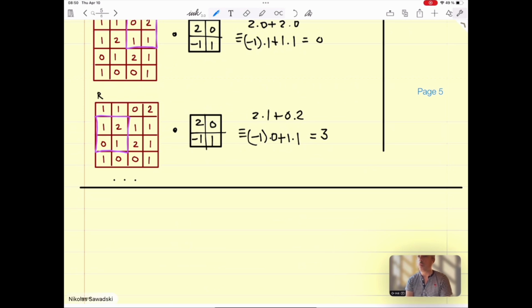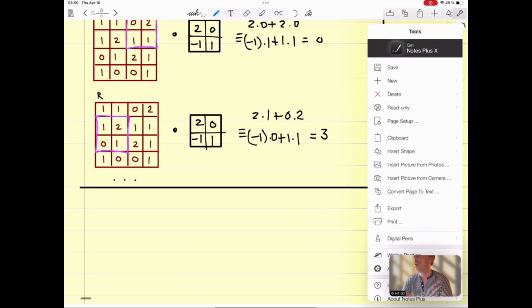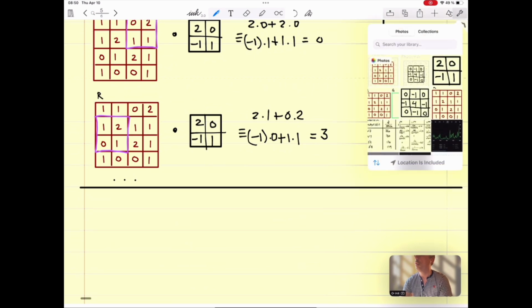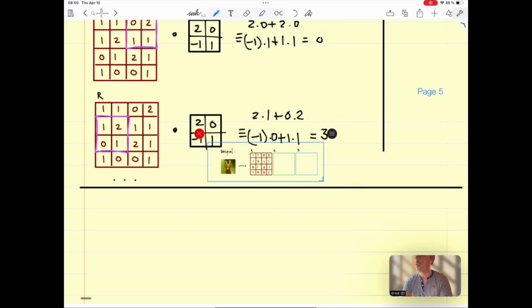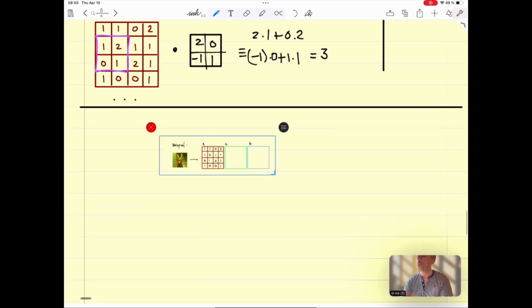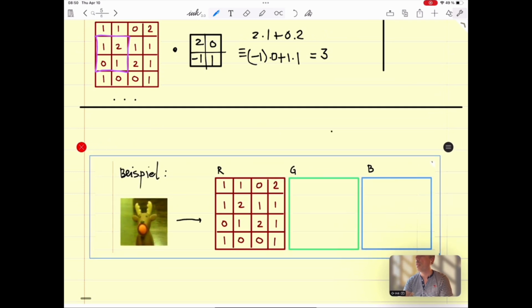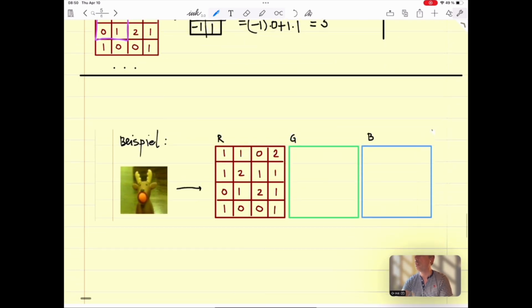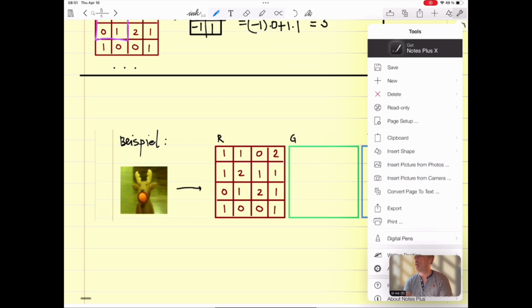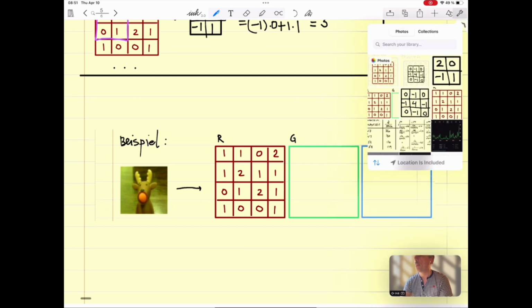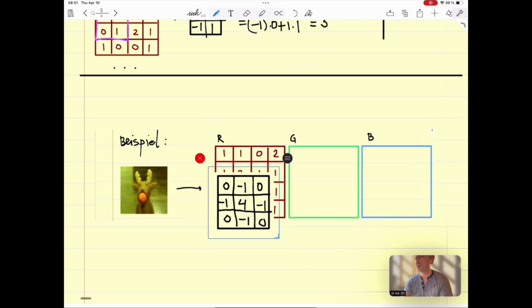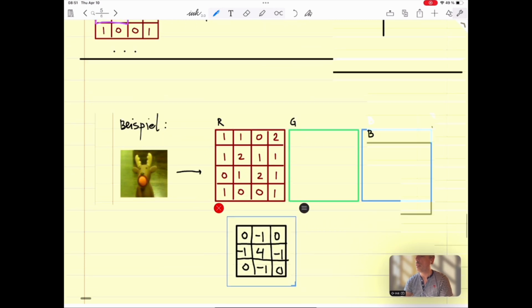Okay, so one might say, all right, when you do a convolution, let's say we have our example, and you apply, let's say, an attention kernel to that set of pixels.